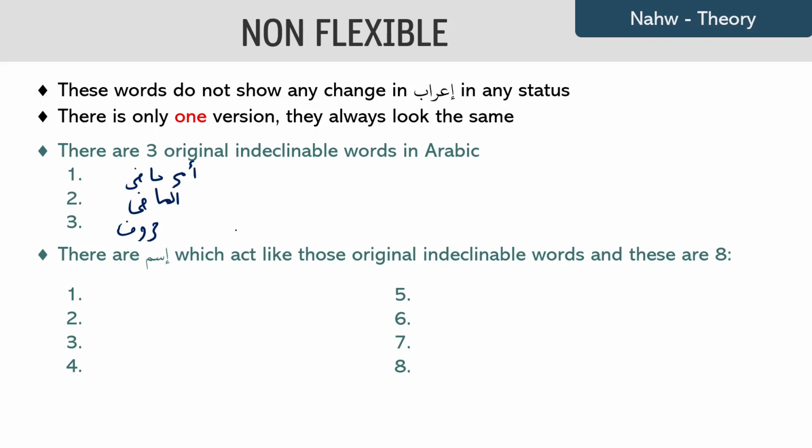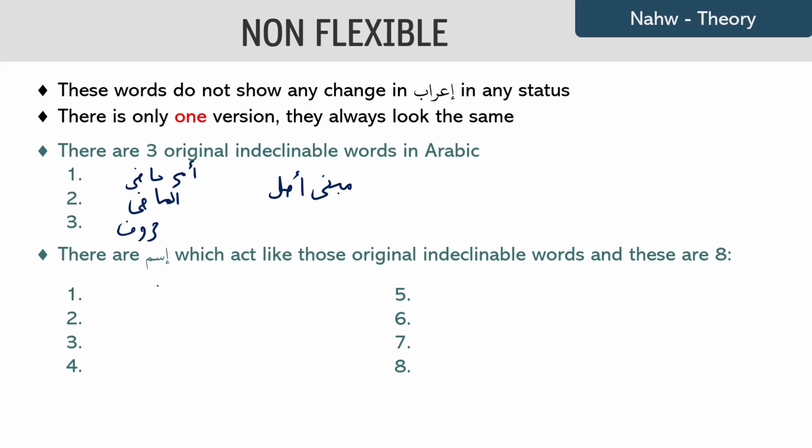And then there are some isms. The ism by default is meant to show all the harakat, is meant to show the i'rab, is meant to change. But these particular isms act like these original indeclinable words in Arabic, which the grammarians call mabni asl. So these isms act like those, and so we call them mabni as well.